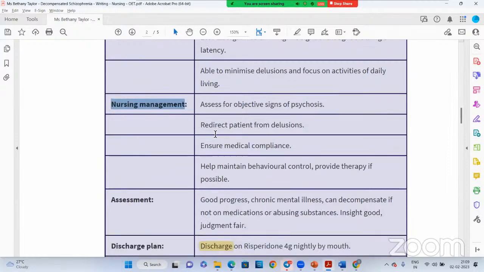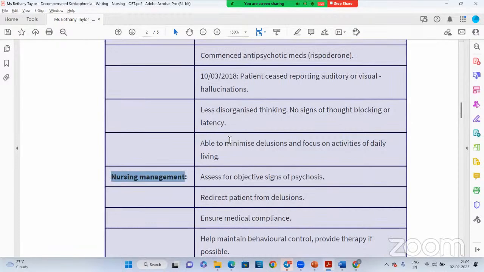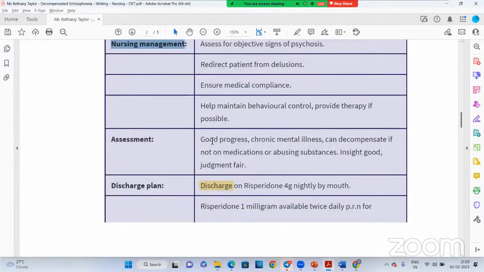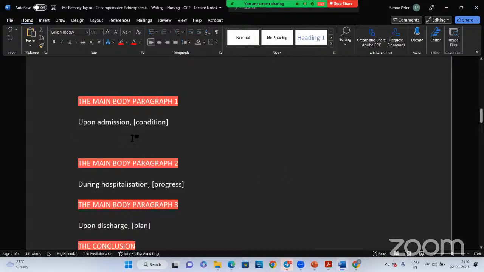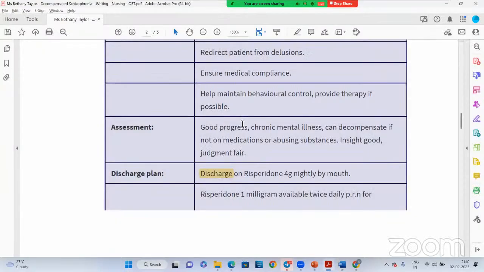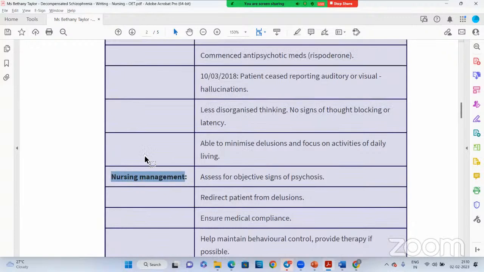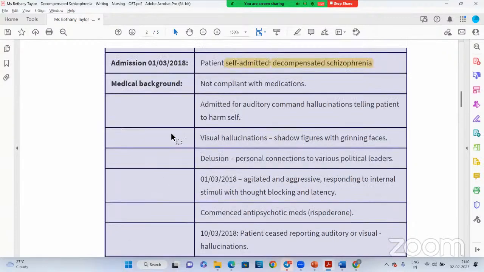Then next, how she was managed. Okay. Right. And this is the discharge plan. Okay. Right. If you see here very carefully, this is going to be paragraph 1, body paragraph 1, medical background.